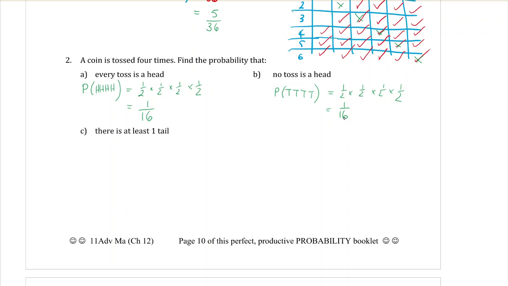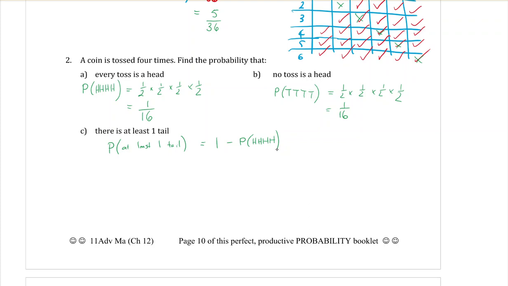So part C, if it says there is at least 1 tail, that means I want everything except for the all heads. Okay, so probability of at least 1 tail is going to be 1 minus the probability of head, head, head, head, because everything else is going to have at least 1 tail in it.